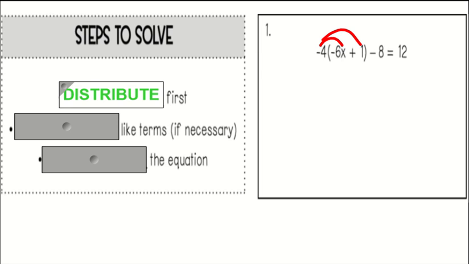I don't distribute it to the -8. That's outside the parentheses. So -4 times the -6x makes positive 24x. -4 times positive 1 makes -4. Still have -8. Still equals 12. So there's step 1, distribute.